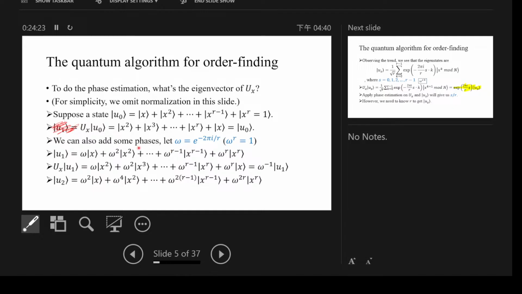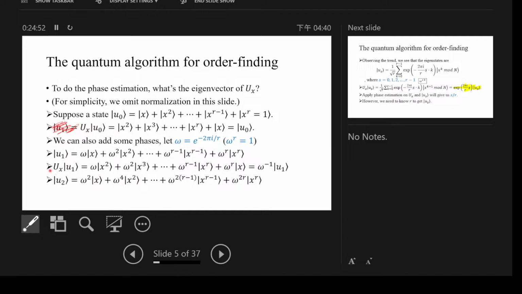And we multiply by some power of omega in front of all those x powers. So let's say we have U1 equal to omega x, omega squared x squared, etc., all the way to omega to the r x to the r. And remember omega to the r equals 1.